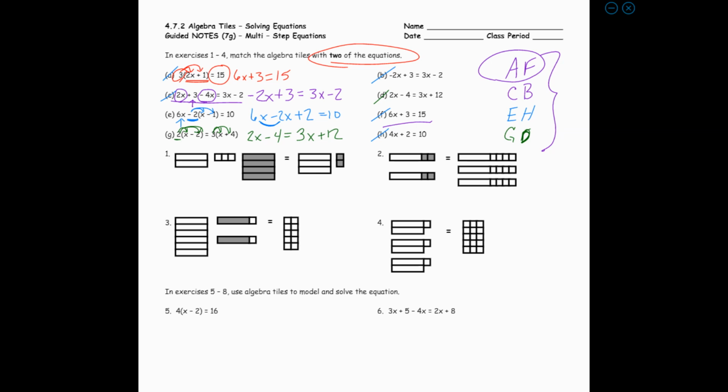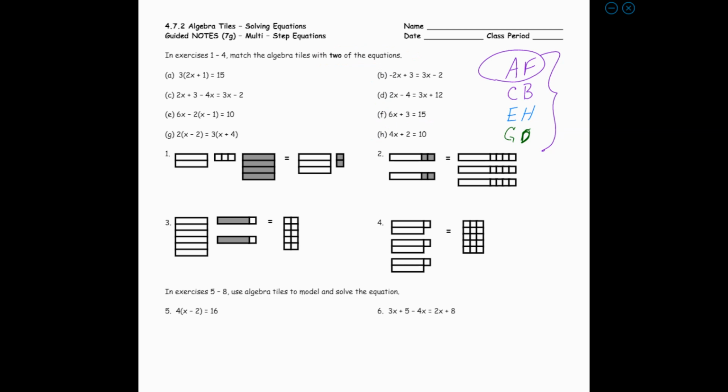I've got 6x's, but I've got negative 2x's. I'm going to erase my work up here. Y'all good with my erasing my work so we can see? I need to see these problems. Number 4.